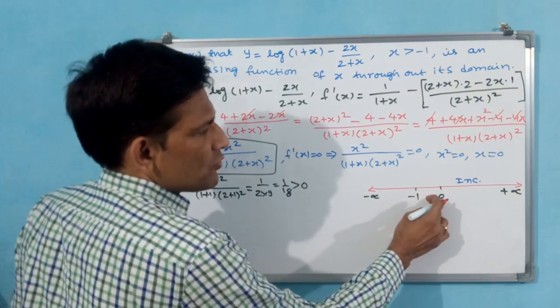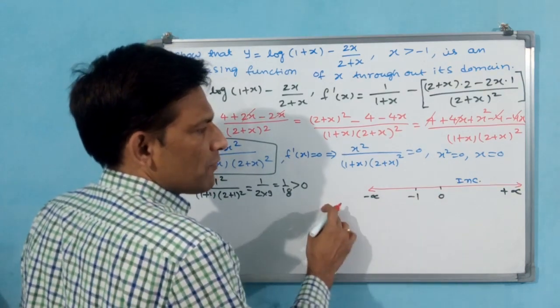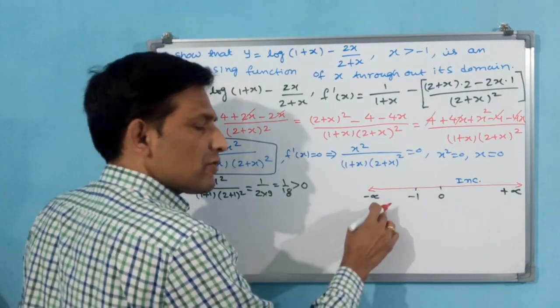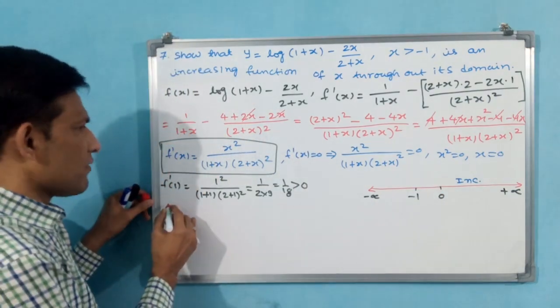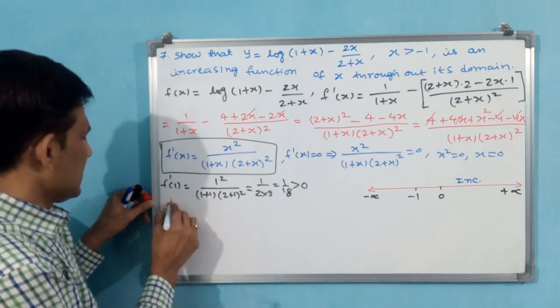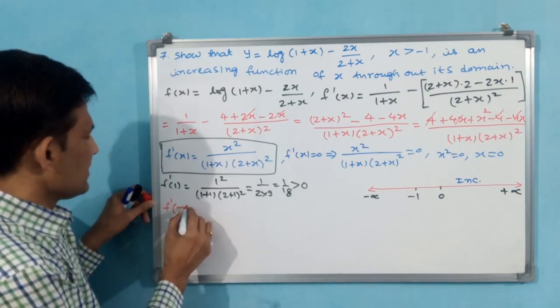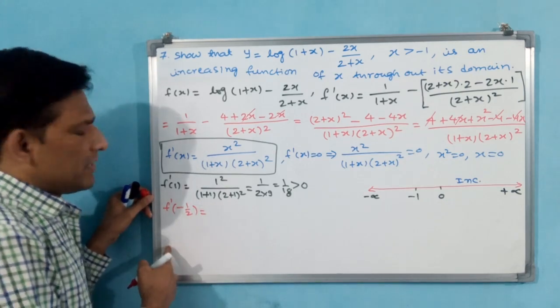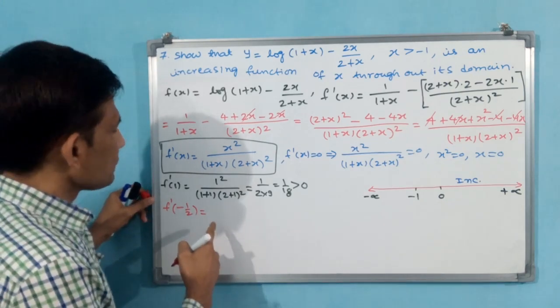Because you see here 0, 0.5, 1, 1.5, 2, like that will come. Minus 0.5. You write down minus 0.5. f dash of minus 1 by 2. Is it okay? Minus 0.5.